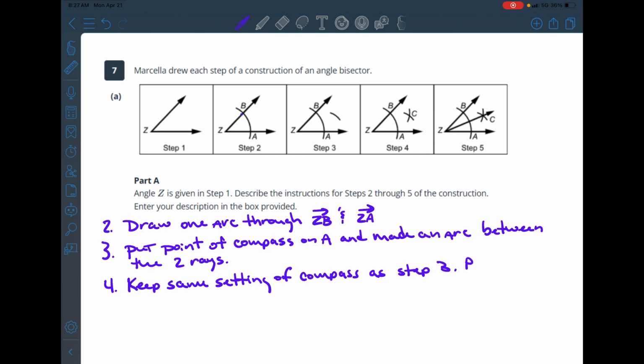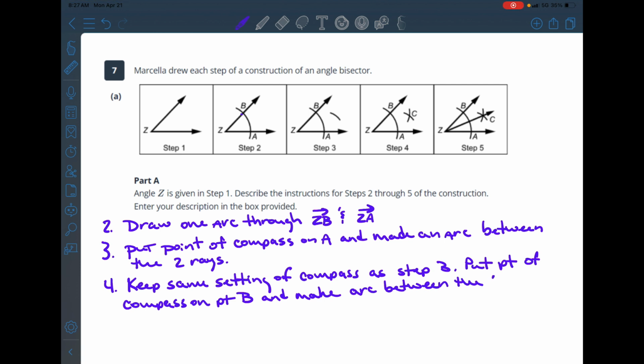And then we're going to put point of compass on point B and make arc between the two rays.